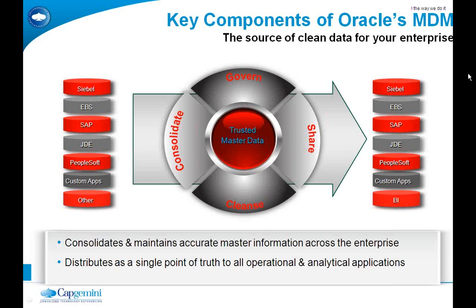So let's talk about the four key components within the Oracle solution. Again, if you look at the slide, the left-hand side is where we're taking data in. The right-hand side is where we're pushing data out. So we're bringing things in to consolidate the client list, the supplier list, the product list, whatever that might be. The two main components or services, if you will, that we're utilizing is we're cleansing the data from a quality perspective, and then we're governing that data. So it could be as simple as just before you're entering information into a system of choice, a little box pops up to say, are you sure you want to enter this new client?